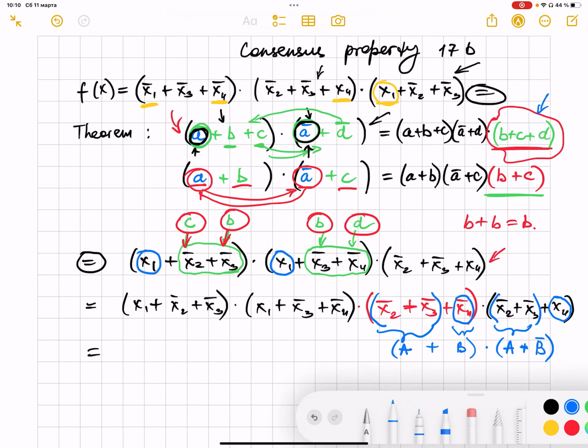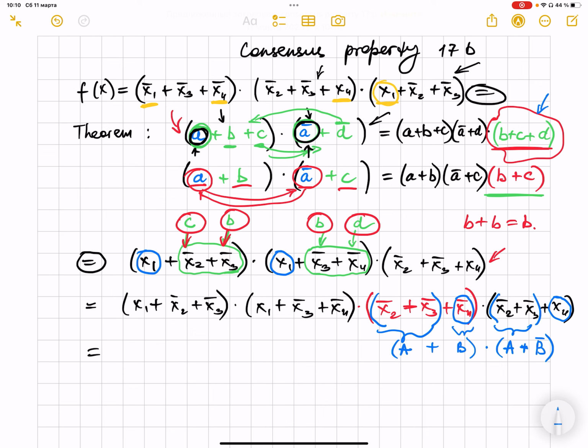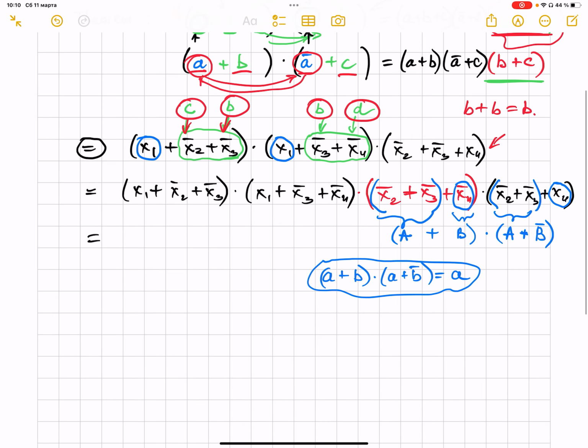In the previous tutorials, I hope you have seen that this is a formula: a plus b bar, multiplied by a plus b, is always going to be a. This is just a formula. You can prove it, but we have already proved it in our previous DLC tutorials. So now let's apply this formula here.